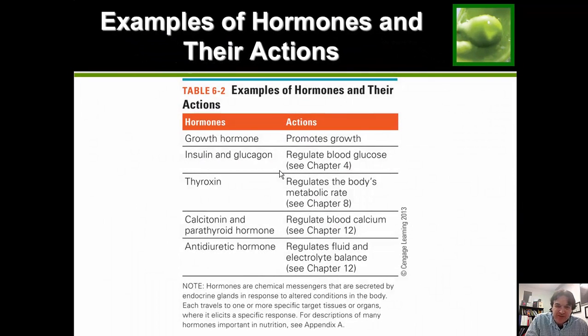Hormones in the body can be made out of protein. Hormones can be made out of steroids as well, but things like growth hormone, insulin, glucagon, thyroxine that regulates the metabolic rate, calcitonin and parathyroid that regulate blood calcium, antidiuretic hormone, all of those are made out of proteins.